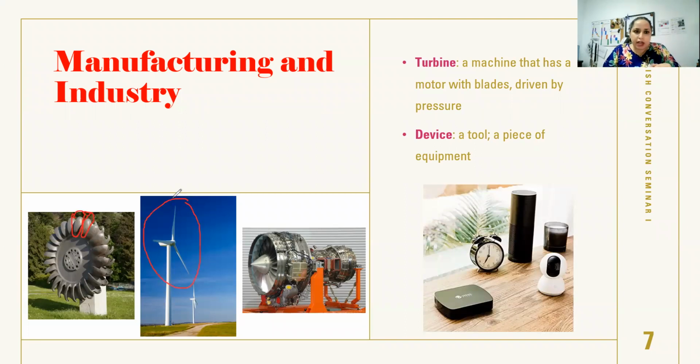Because if it is just air and it is going to be with a direct exposure to the environment, they have to be very, very strong. But for this type of blades, this turbine is very carefully designed.